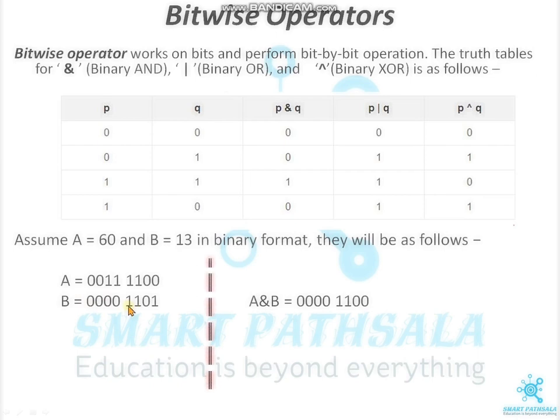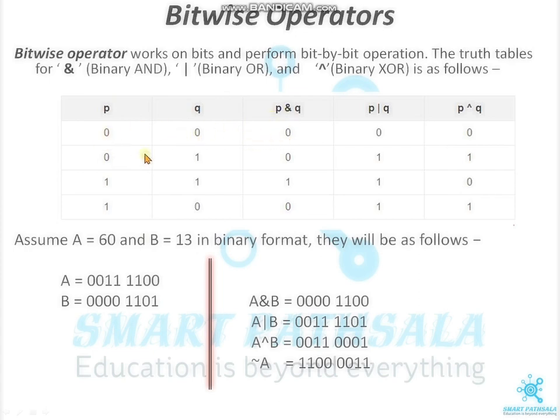Next, if we do the AND operation, that means binary AND, then A and B equal to 0 0 0 0 1 1 0 0. Now how did this come? Previously we have seen that bitwise operators perform bit by bit operations. So now we have to do the operation bit by bit. Previously we have seen that in AND, 0 and 0 is 0, and 0 and 1 is also 0.